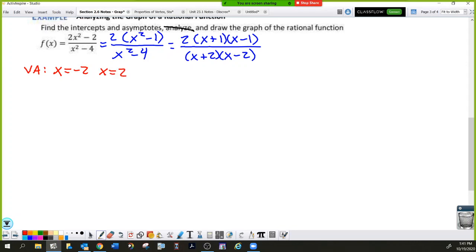Now this time the degree of the top is equal to the degree of the bottom. So now we get to use leading coefficient over leading coefficient. This one's leading coefficient is a 1. So again, we do have a horizontal asymptote acting as an end-behavior asymptote, and this one's going to be y equals 2 over 1, which is just y equals 2.